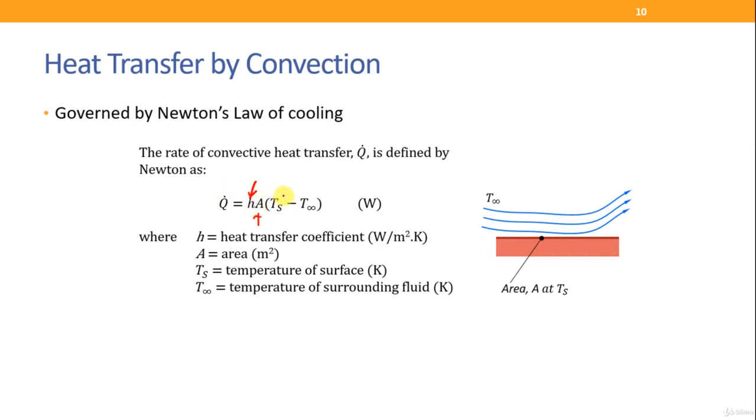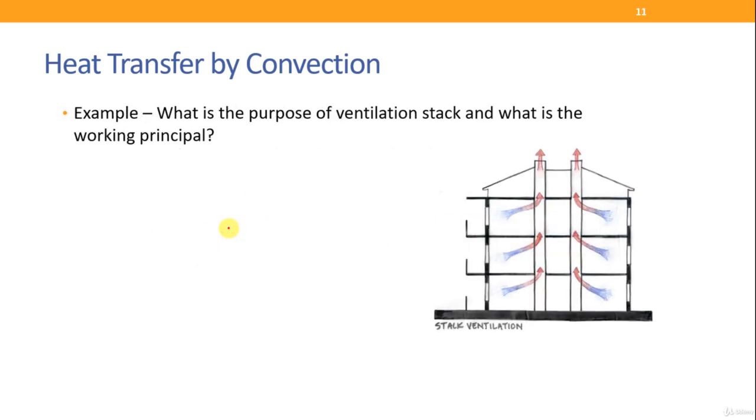Ts is the temperature at the surface. So Ts, let's say this surface temperature is around 80 degrees Celsius, and T infinity will be the fluid temperature, let's say around 30 degrees Celsius. So the bigger the difference between these two temperatures, the higher the rate of heat transfer by convection. This is called stack ventilation.